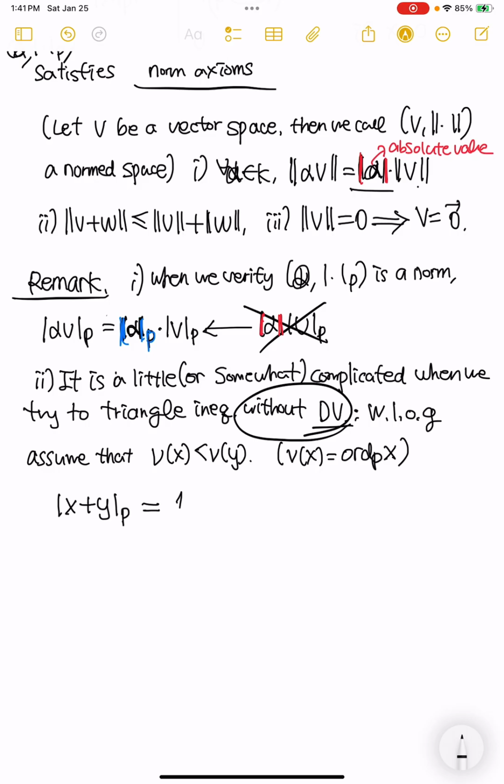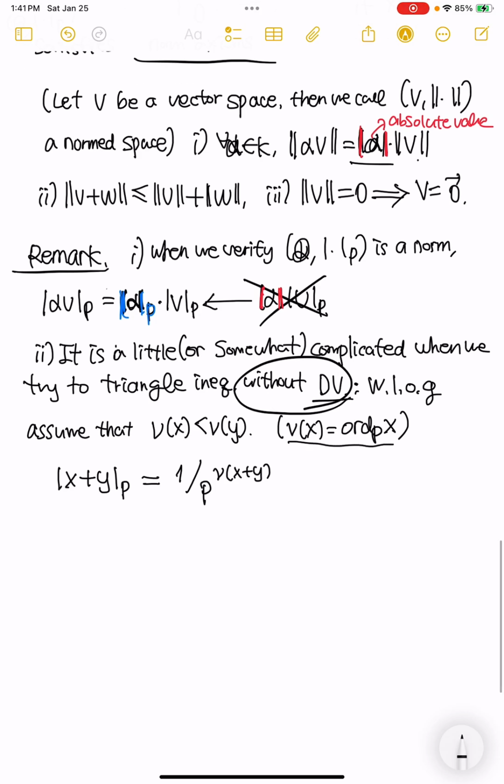By the definition, because that function is a discrete valuation, the valuation of the sum x plus y is always greater than or equal to the minimum of the two values. In this assumption, that is ord_p(x).